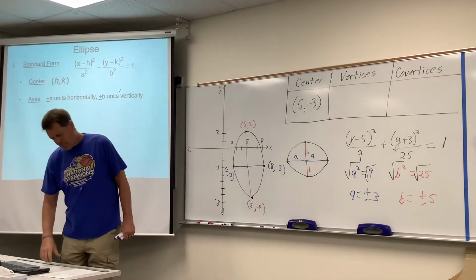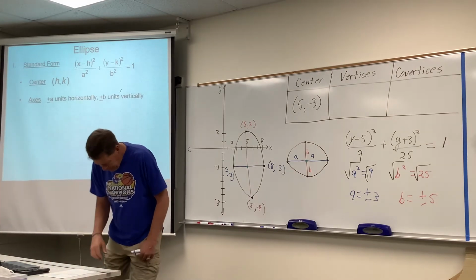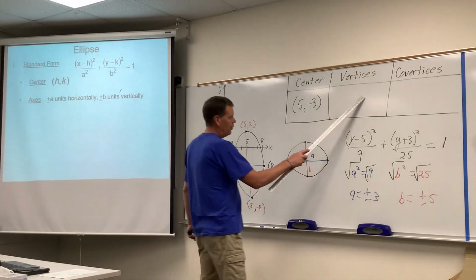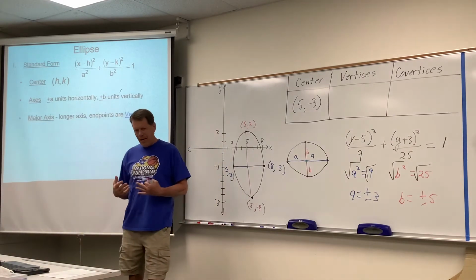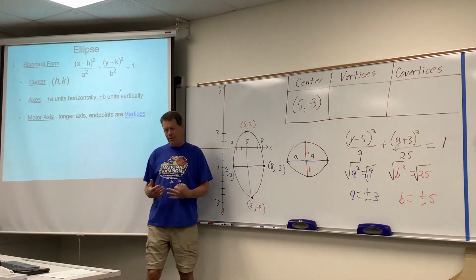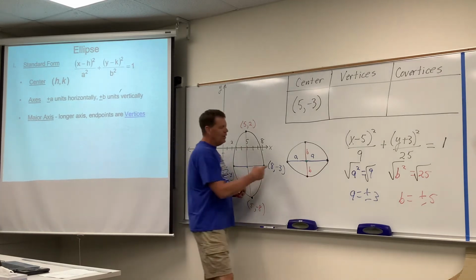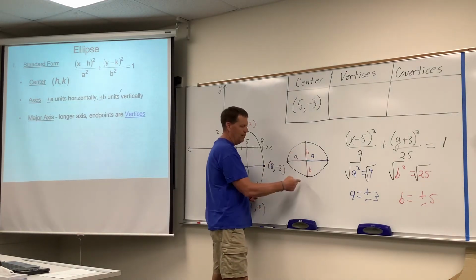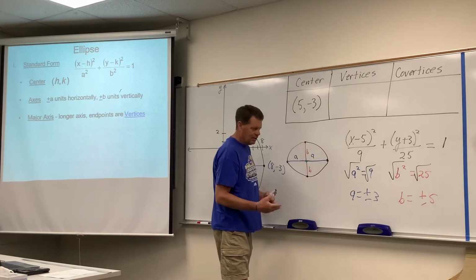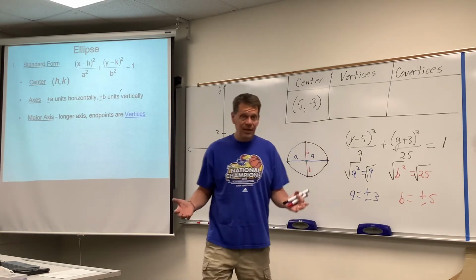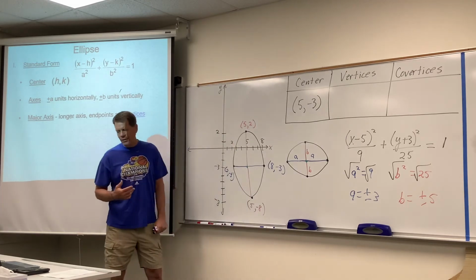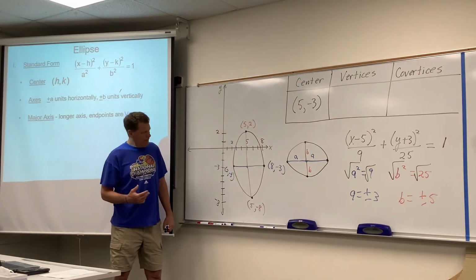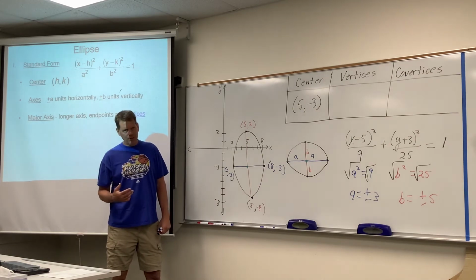Now, what are these other boxes? What are vertices? What are co-vertices? Well, you're going to get a major axis. By definition, one of these is going to be longer than the other. A and B are going to be different numbers. If they were the same number, it would have been a circle. The major axis, the one that's longer, is going to be your vertices.